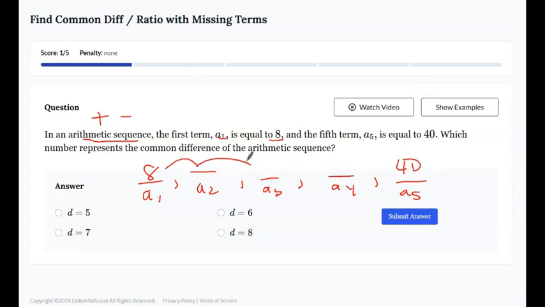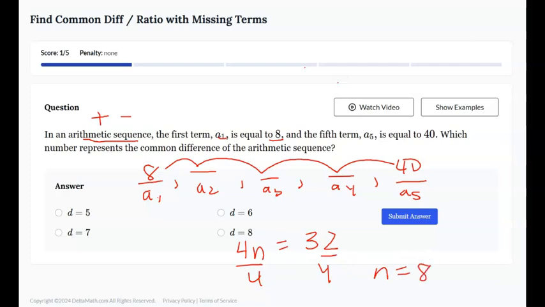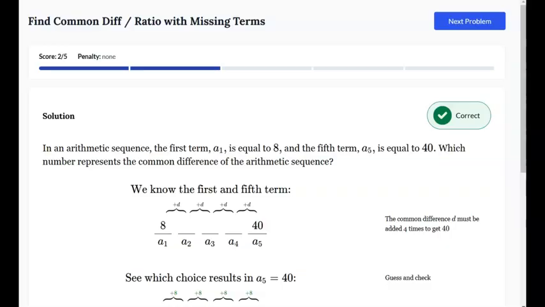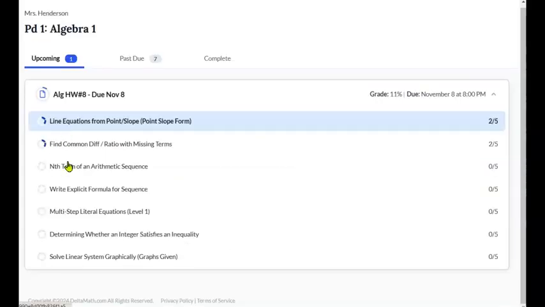So again, 1, 2, 3, 4 moves, but that's a difference of 32. So 4 times that number has to be 32. So it looks like the number will be 8. So this time, our common difference is 8. Let's take a look at the next topic.